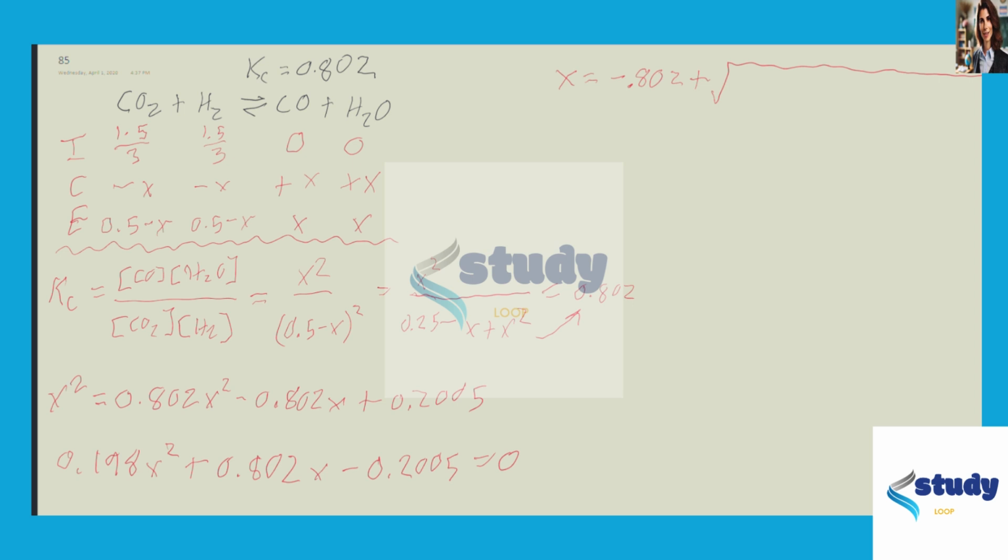It's the square root of b squared minus 4 times a, which is 0.198, times c, which is negative 0.2005, all over 2a. b is also 0.802.